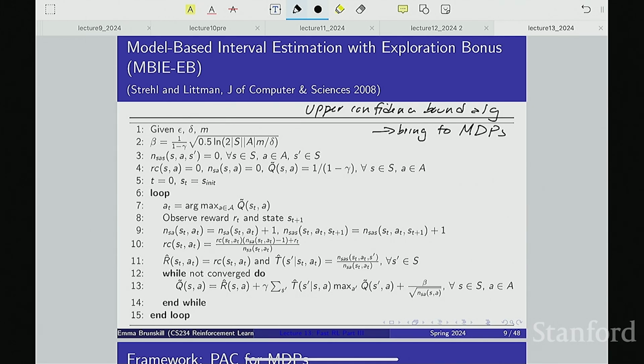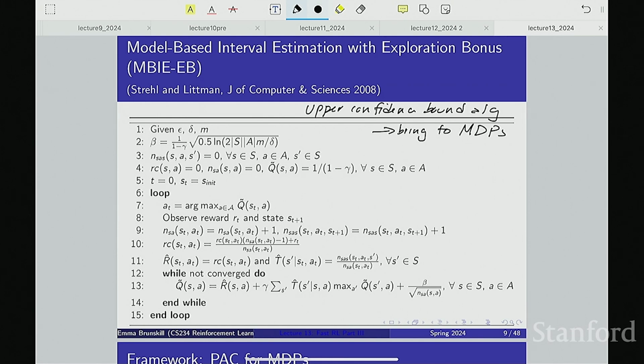So the reward model is perhaps closest to what we've seen for the bandit before. For the reward model, we're going to compute the empirical average, in this state and this action, of the average reward we've seen so far. And then we're going to think of there being an upper confidence bound to that. Okay. What we're also going to do in this case is maintain an empirical estimate of the dynamics model.